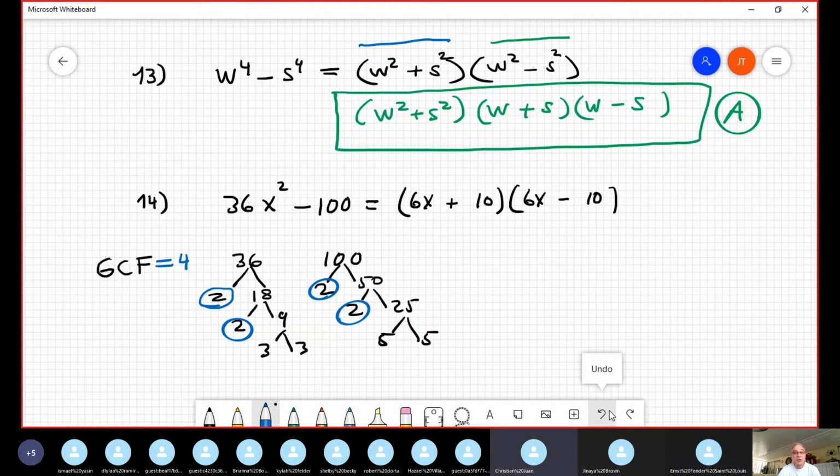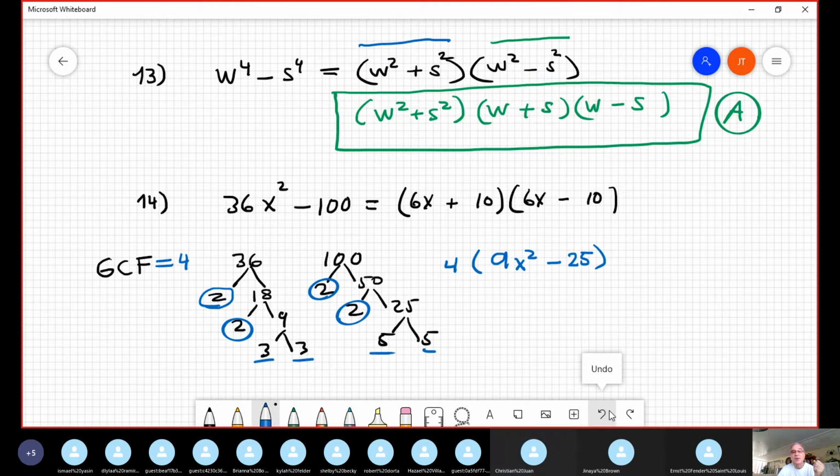So the fantastic way of solving this problem is factoring out 4 first. And we have 9x squared minus 25. 9 is 3 times 3, and 25 is 5 times 5.